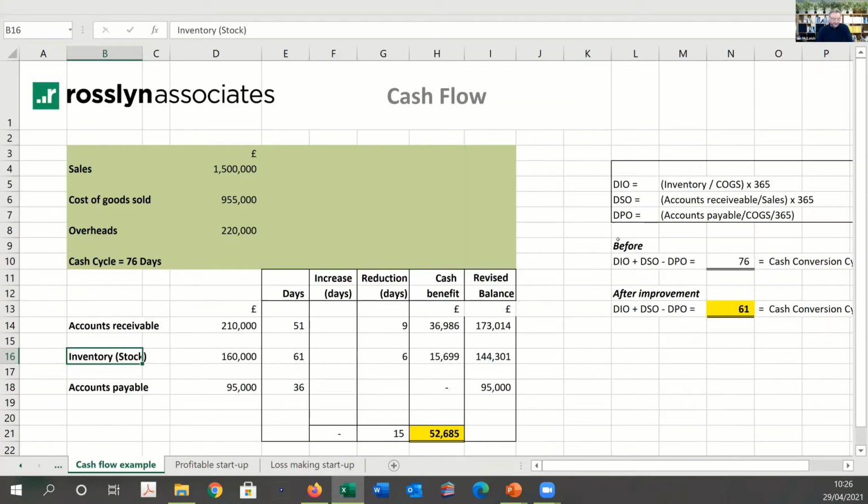That creates a daily sales figure that you're achieving, and you divide that figure into the amount that's owed to you, and that gives you the number of days. So here, that equals 51 days accounts receivable. If you reduce it by 9 days, that gives £336,906 more cash in the bank. And if you reduce stock holding by 6 days, that gives you 15,699, and that's how you get the 52,685.